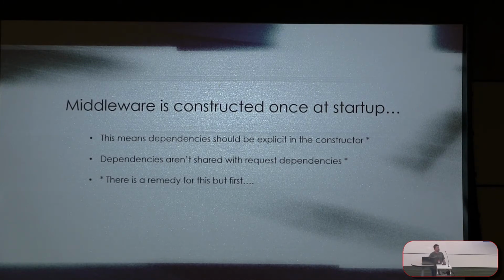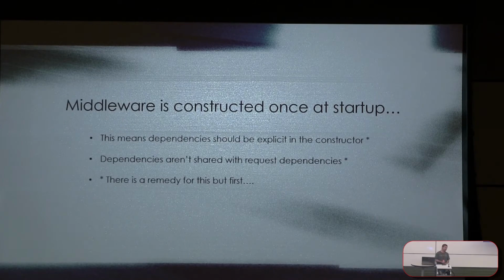Middleware is constructed once at startup. So when you call the use middleware, you pass your middleware in. In your startup, it will actually construct the instance of your middleware, and it puts that into the pipeline. And the only thing that gets passed down as it goes through that chain then are the delegates. This means that the dependencies aren't shared with the request.